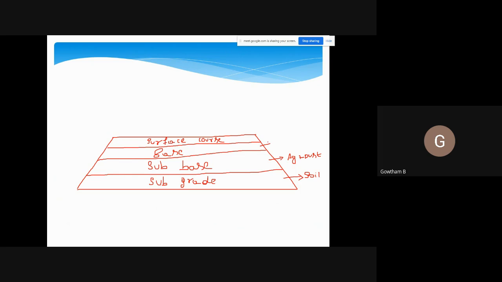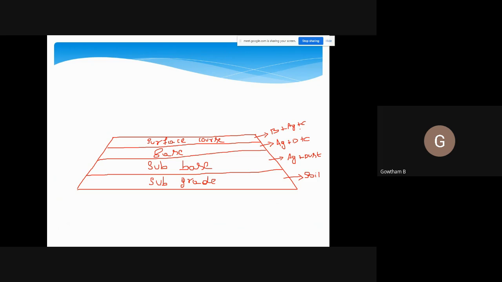And the base layer is also composed of aggregate plus a little percentage of dust plus a little percentage of cement. And your top layer, that is the surface or wearing course, is completely composed of bitumen plus aggregate, plus cement you can use. This is the composition of each layer of the pavement.